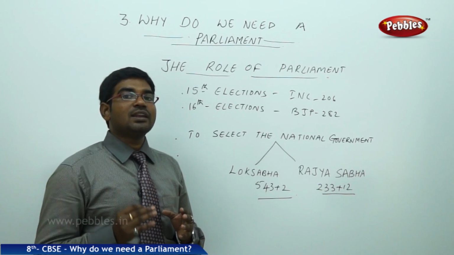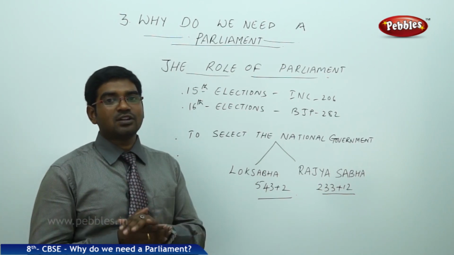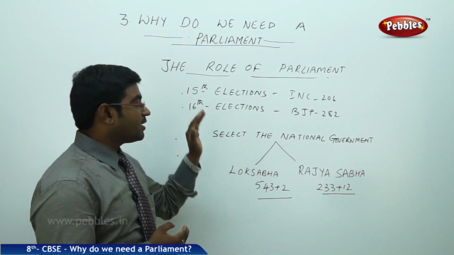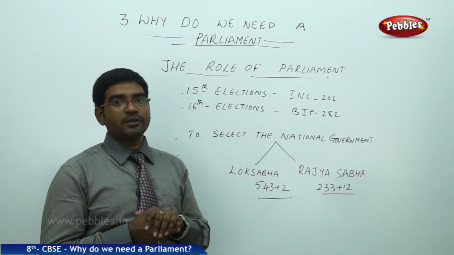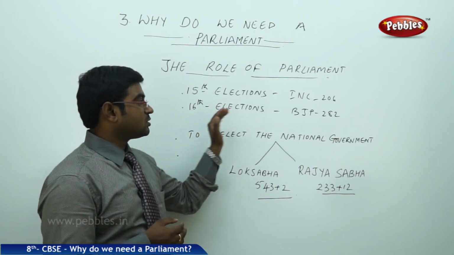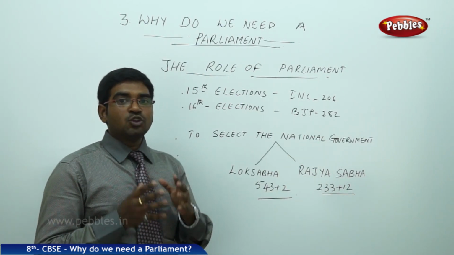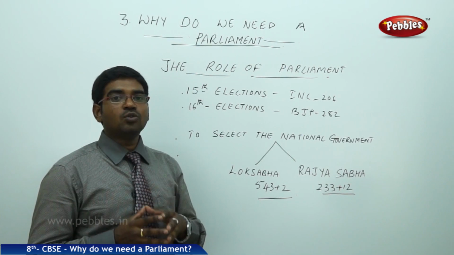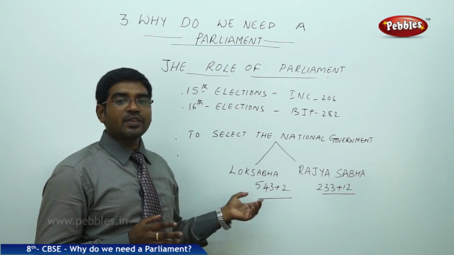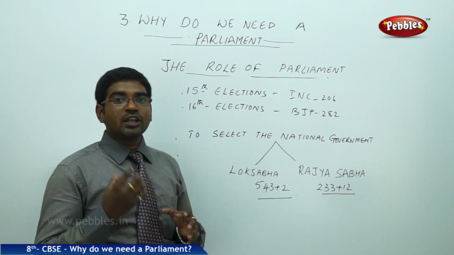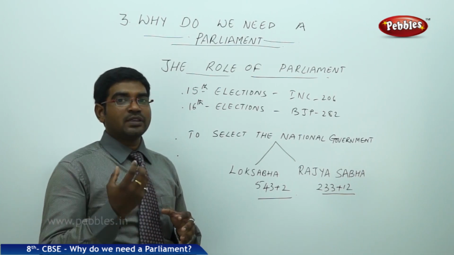If you look at the result of the 16th general elections, these were conducted in the month of May in 2014. In these elections, the Bharatiya Janata Party candidates secured 282 seats out of 543, and they secured the required number of seats to form the government.